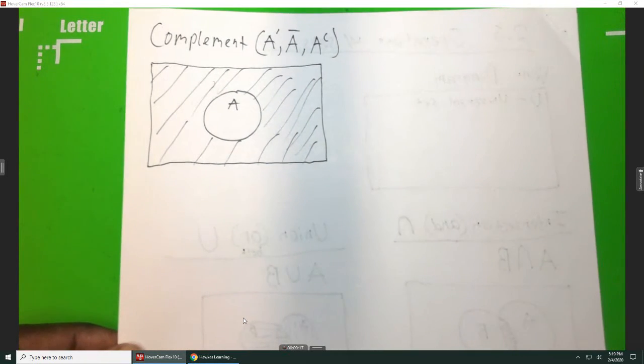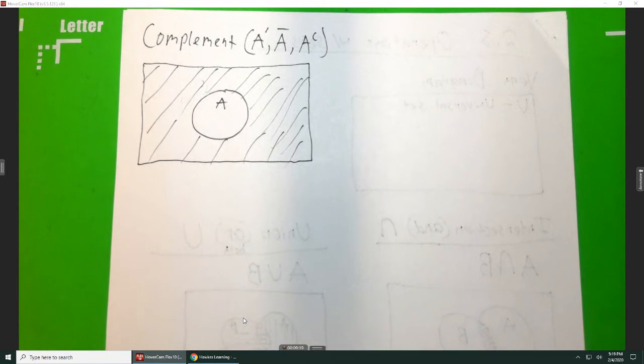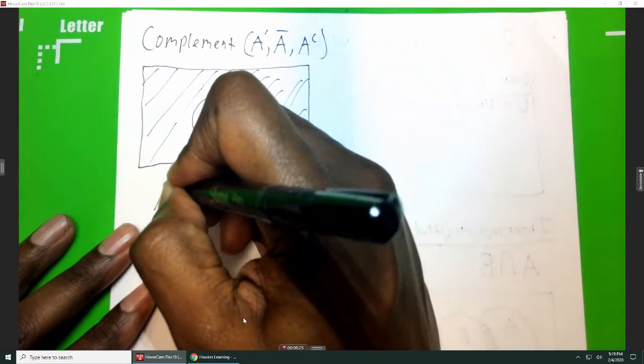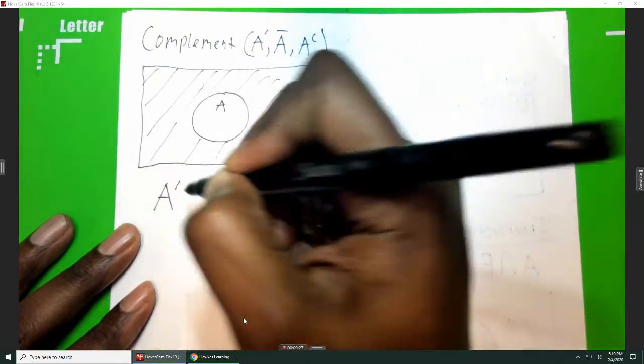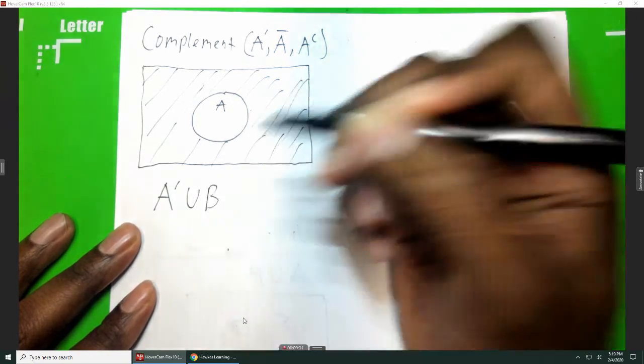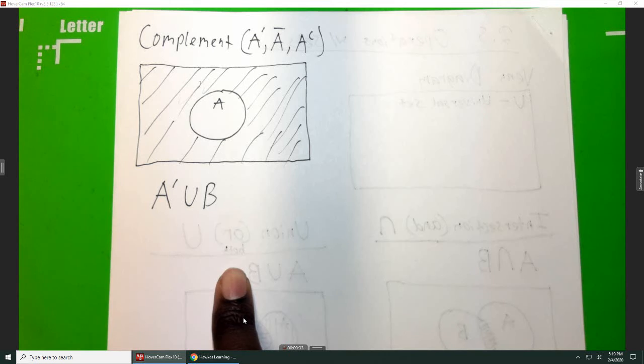And then we'll see some mixtures. Some of the things we might see: A complement union B, and we might see vice versa. I'm just noting those, and we'll work them out in the problem context.